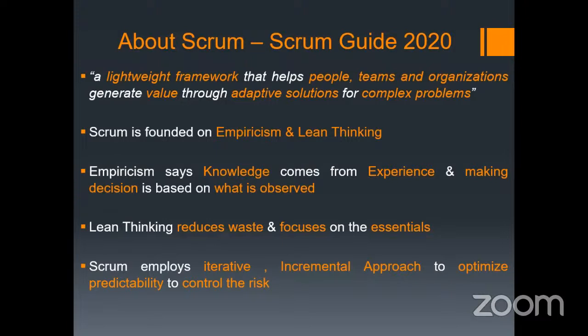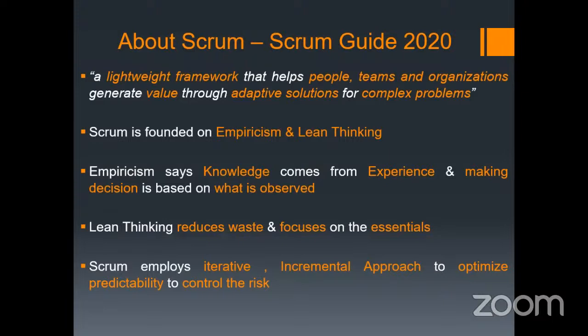Now, these are all the theoretical approaches of Scrum. When you have to work in Scrum, you must know the basic theory and basic concepts of Scrum. Scrum is based on the iterative incremental approach, which optimizes predictability and also controls risk, which we have seen in the advantages of agile as well. But other than this, Scrum is also founded on empiricism and lean thinking.